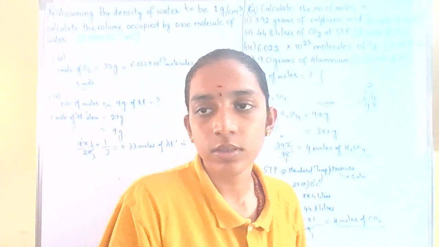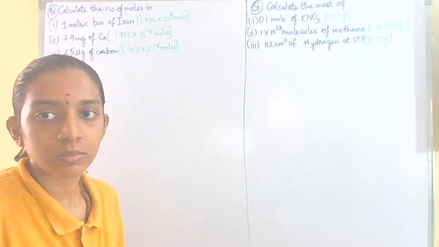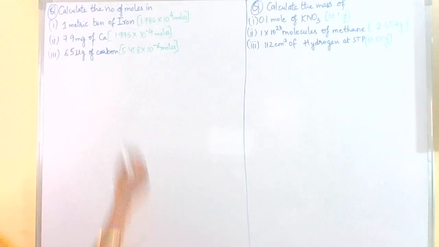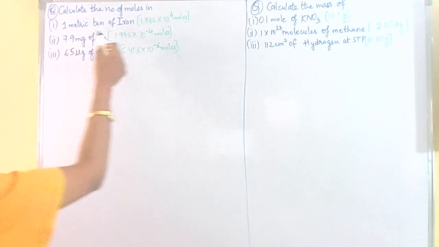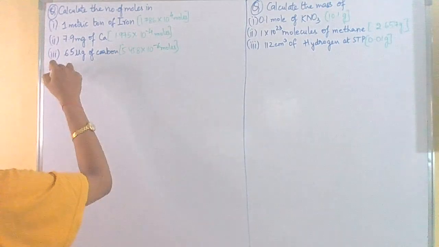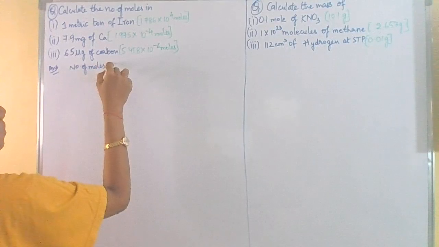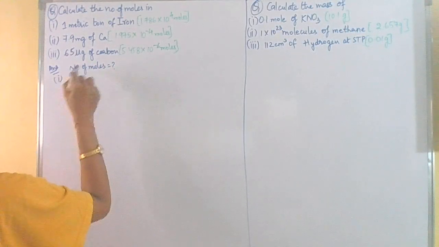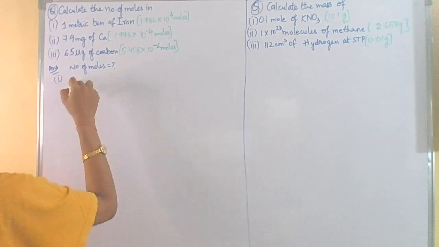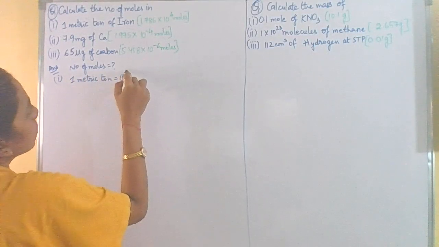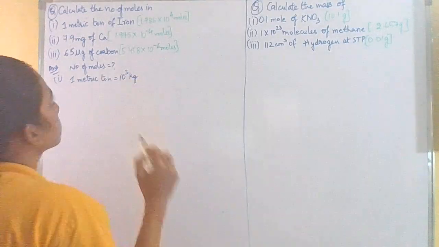Now we'll see our next question. Calculate the number of moles in 1 metric ton of iron. Again, here also you have to calculate number of moles is equal to how much? First, 1 metric ton is equal to 10 to the power 3 kilograms.